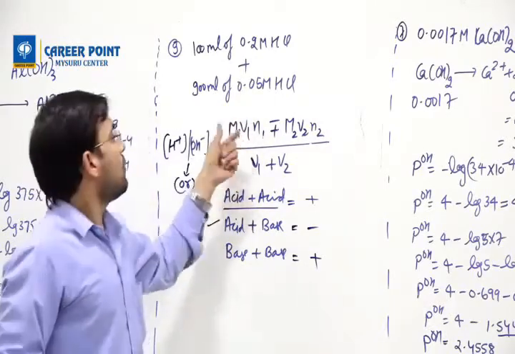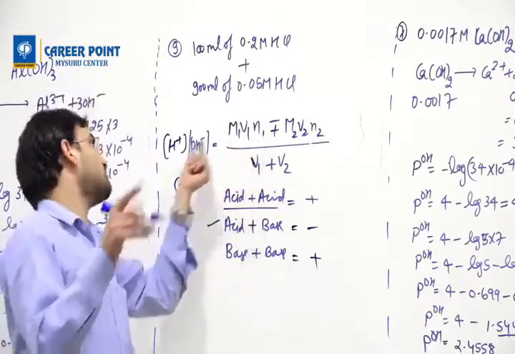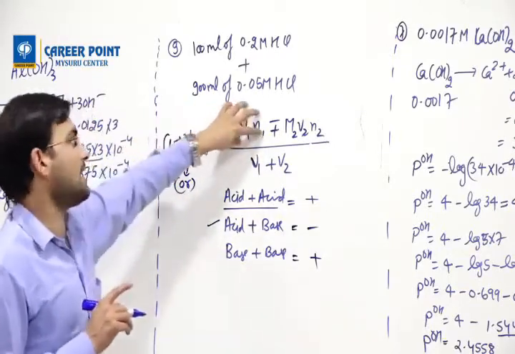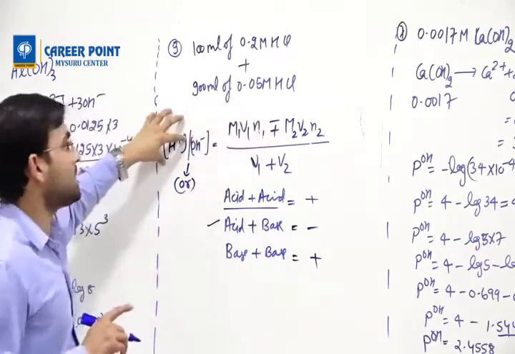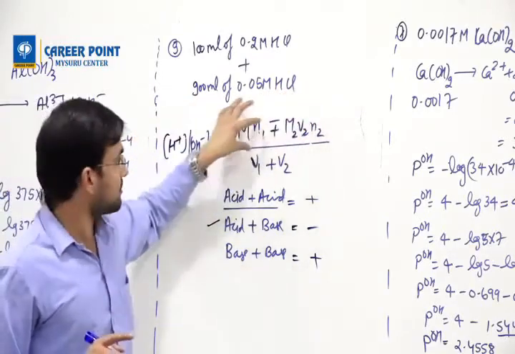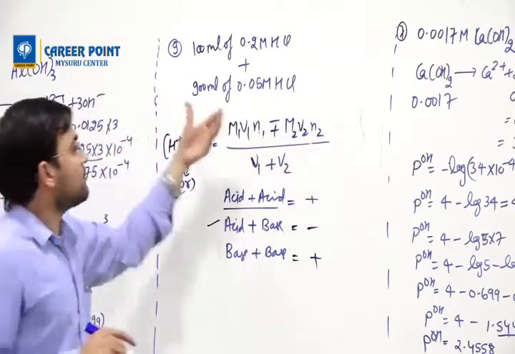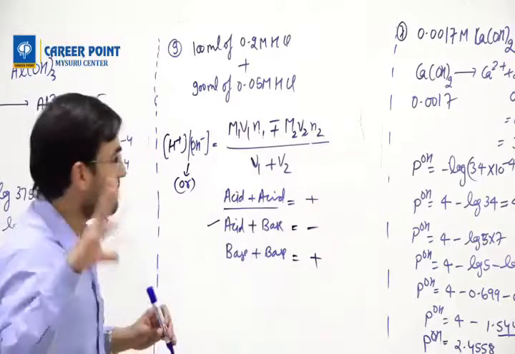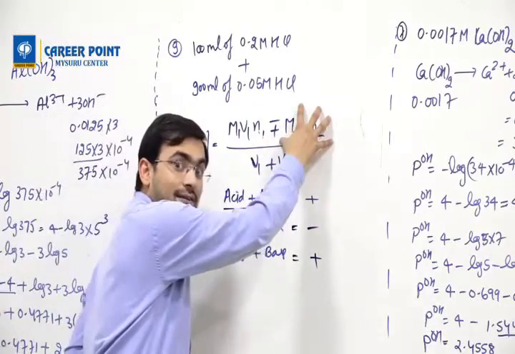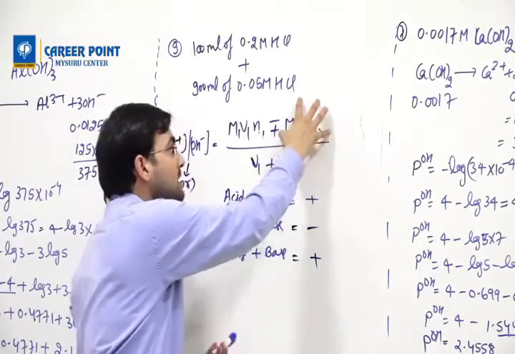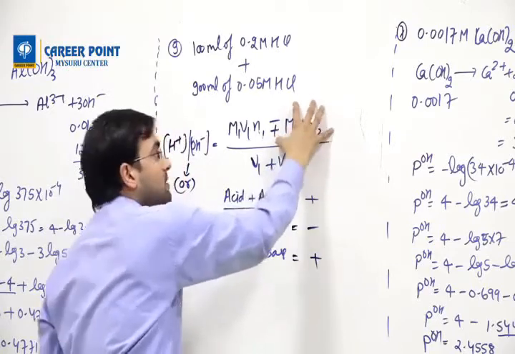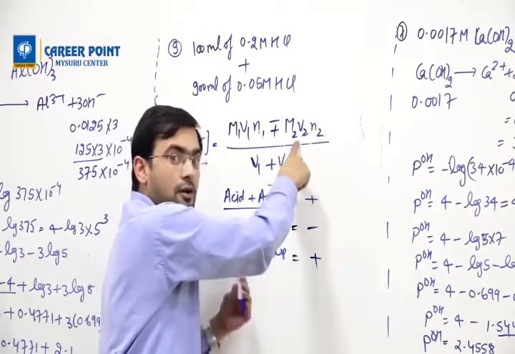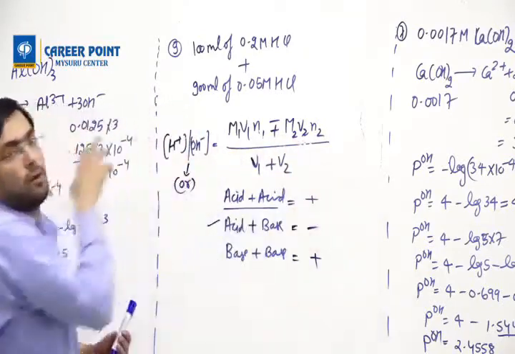Whatever you have written, that sign will come for you. If this value is for acid, then H plus. If this value is for base, then OH minus will come. If the whole value comes negative, it means this other value is greater, and that is why it is coming negative. Then whatever you have written this for, whether acid or base, that H plus or OH minus will come.